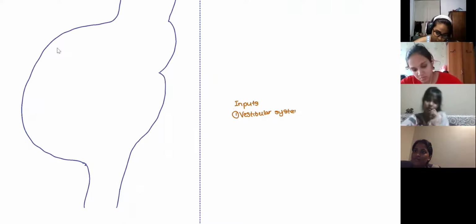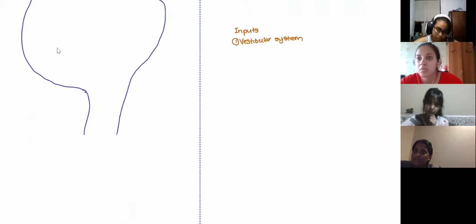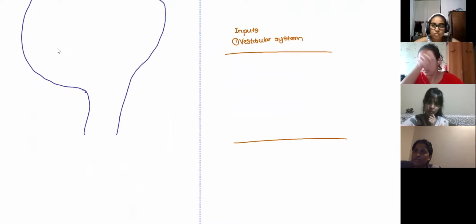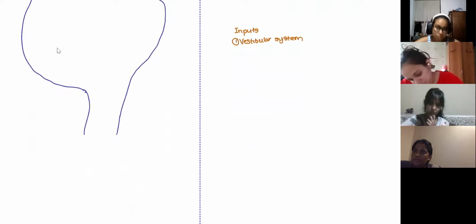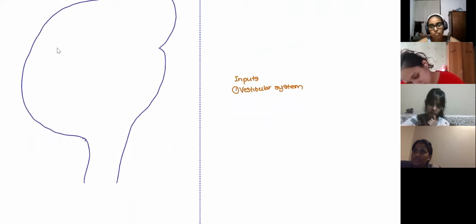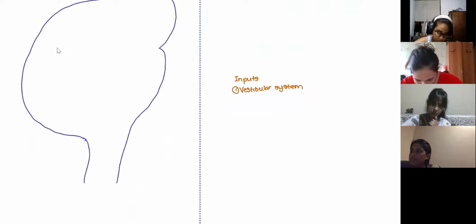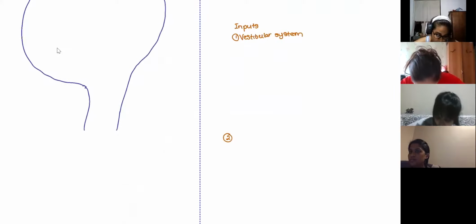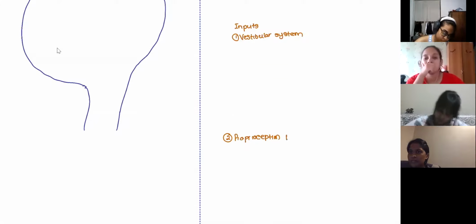Guys, I need a bit of space to write something under vestibular system, so leave some space. The other input is from muscles and limbs.